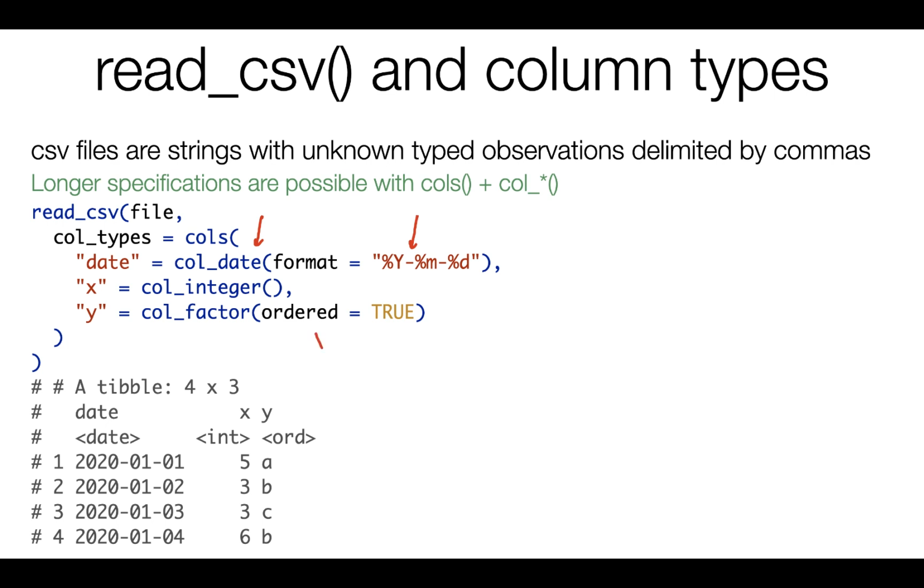However, look here, with col_factor, that's something that we actually did not have before. We didn't know that that column was a factor column. And so if we want to say, hey, this variable is actually a categorical variable and it has an order to it, this is the way that we need to do this, okay? We need to say parse y as a factor and it's ordered, okay? So ordered equals TRUE, and that's in the col_factor specification, which is in cols.